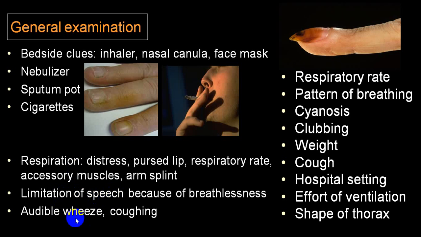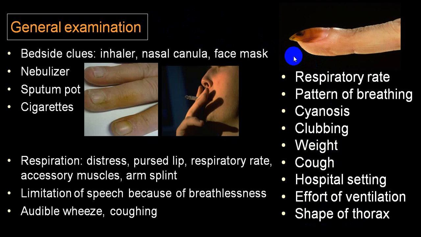Or you can hear even an audible wheeze, you can get coughing sounds, and you can look at cyanosis, clubbing, weight, cough, effort of ventilation, shape of the thorax, etc. These are part and parcel of general examination.